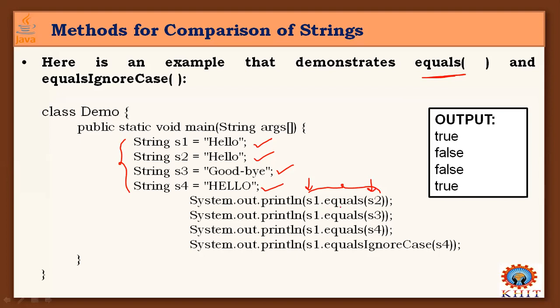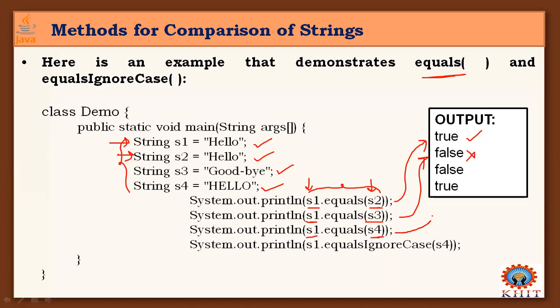The equals method is called by this object and s2 is passed to it, so both strings are compared with each other. s1 and s2 both have "hello", so the outcome of this call is true. When comparing s1 and s3, s1 has "hello" and s3 has "goodbye", so they are not equal and it gives false. Then s1 dot equals s4.